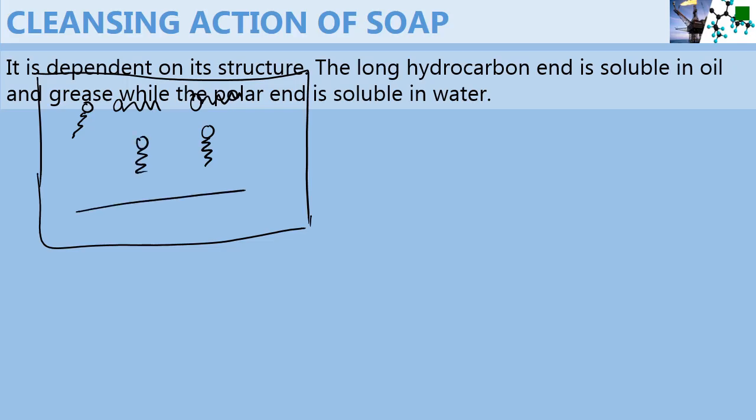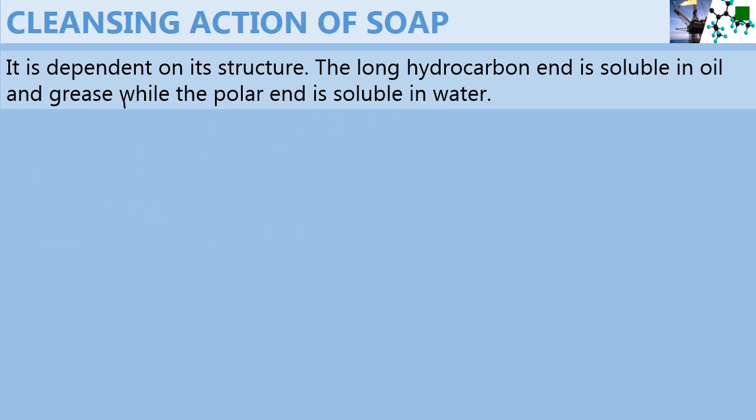So if you have a piece of cloth here that contains some stain of dirt or oil stuck to it, the nonpolar end will dissolve in the oil, while the polar end will stick out in the water, and eventually will form something that looks like this.